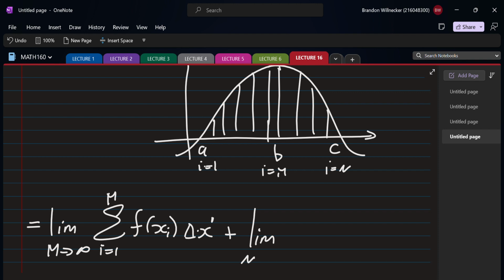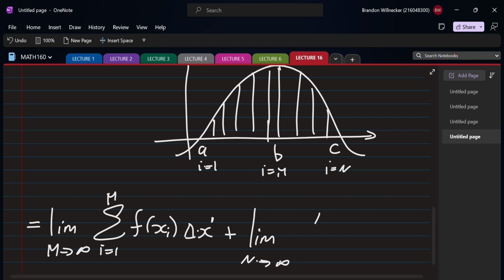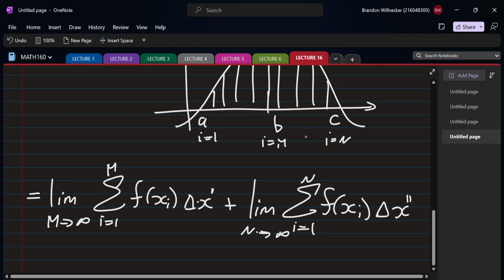Plus the limit as n goes to infinity. We can keep n, or you can change it to something else. The sum from i equals 1 to n now, f of x_i delta x, let's put a double prime. So that's going to be c minus b over, so here we're writing it as n, or you can put a different letter.